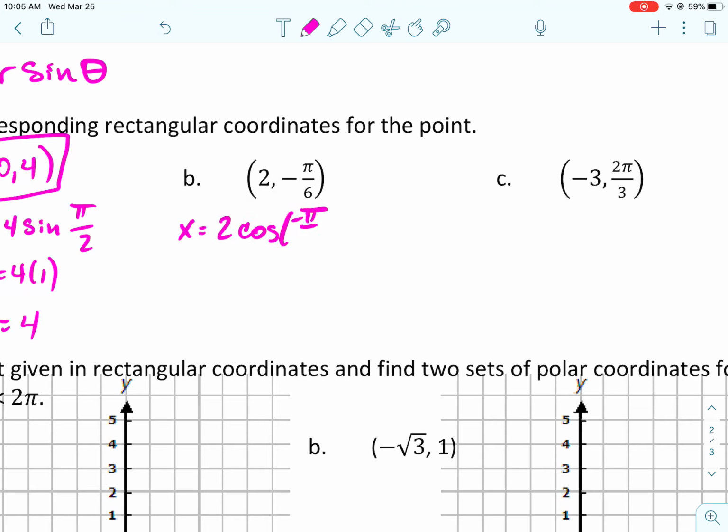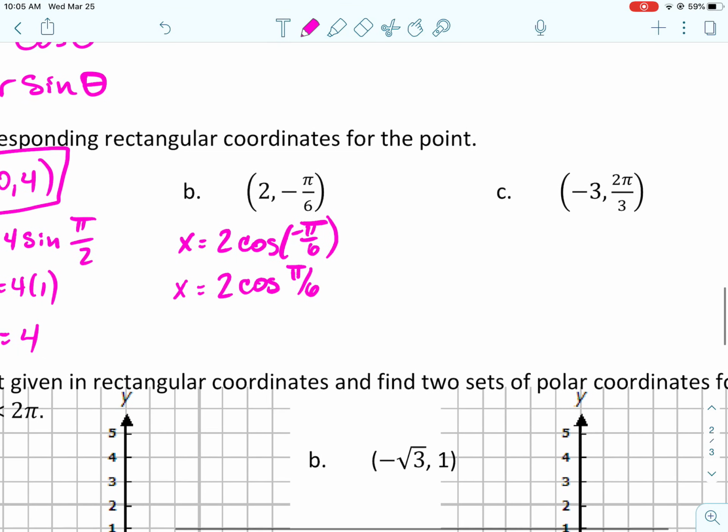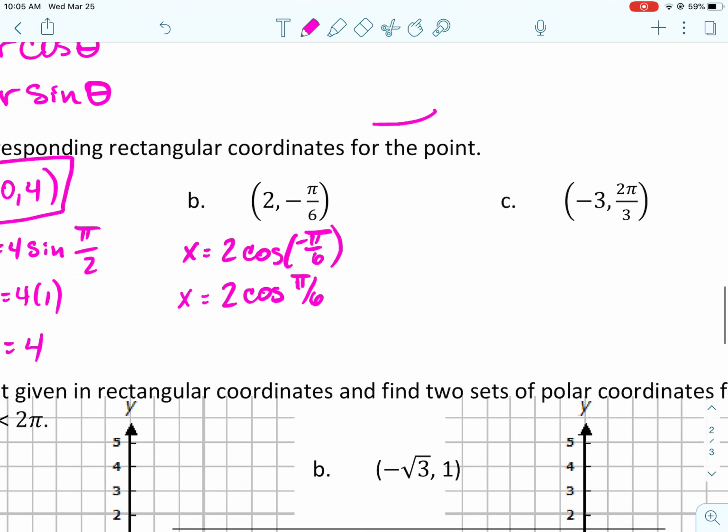All right, then for B, x is going to be equal to 2 times the cosine of negative pi over 6. Now I want you guys to remember that cosine is an even function. So the cosine of negative pi over 6 is exactly the same as the cosine of pi over 6.